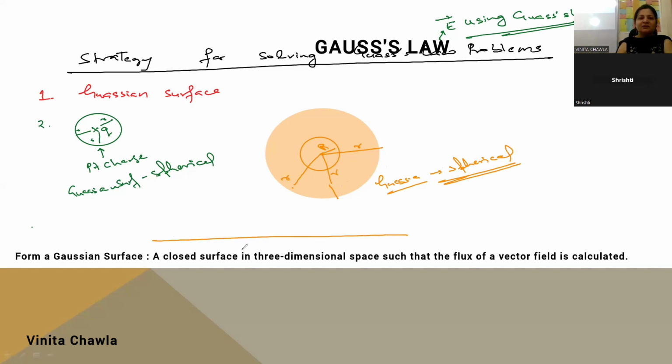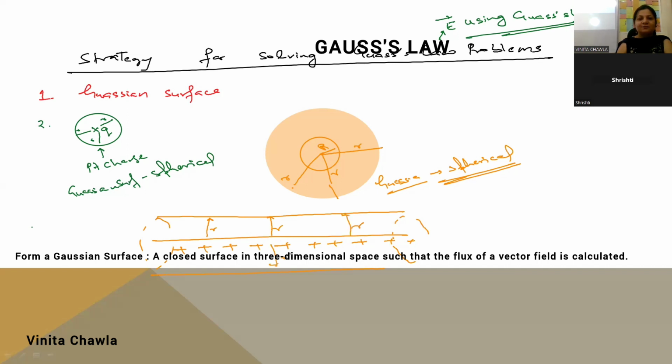Suppose we have a line charge, then what? For a line charge, how should we draw the Gaussian surface? It's very good. It's cylindrical in shape. So for line charge, Gaussian surface is cylindrical in shape. Okay, so you have equal electric field intensity at equal distance from the line charge.